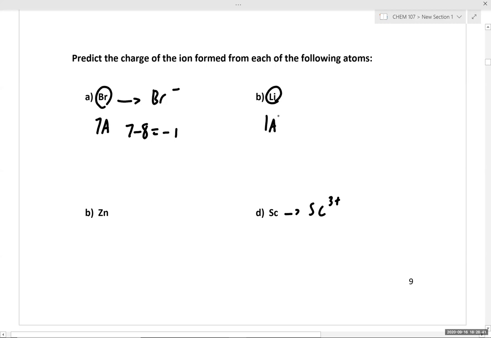Lithium is a 1A element, so it prefers to form lithium +. Zinc is a fixed charge transition metal, and zinc prefers to form zinc 2+. It is one of our 3 exceptions. It's a fixed charge transition metal. Do these examples make sense?